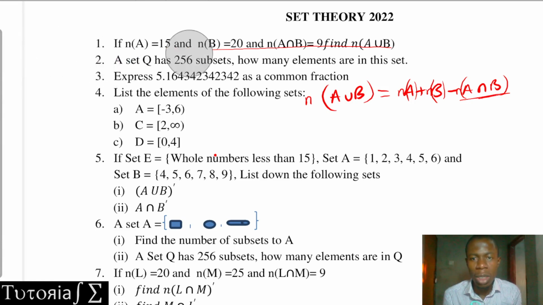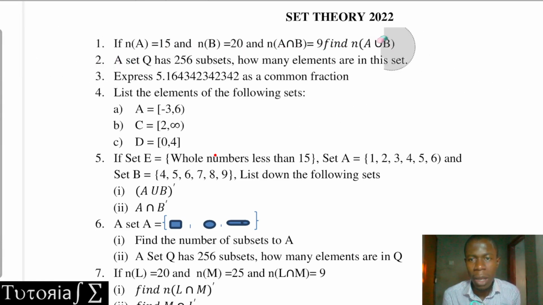Then we come to question 2. A set Q has 256 subsets. How many elements are in the set? You should know that 2 to the power n is equal to the number of subsets.